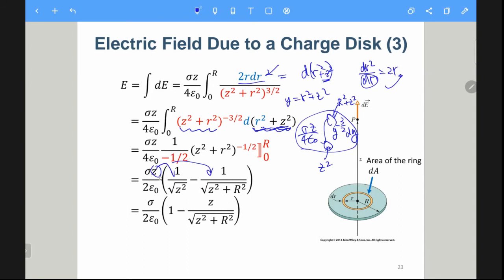So this Z and square root of Z squared cancel, it becomes 1. So we have this term, something like this. Okay. So this is the precise expression for the E field generated by the whole disk.